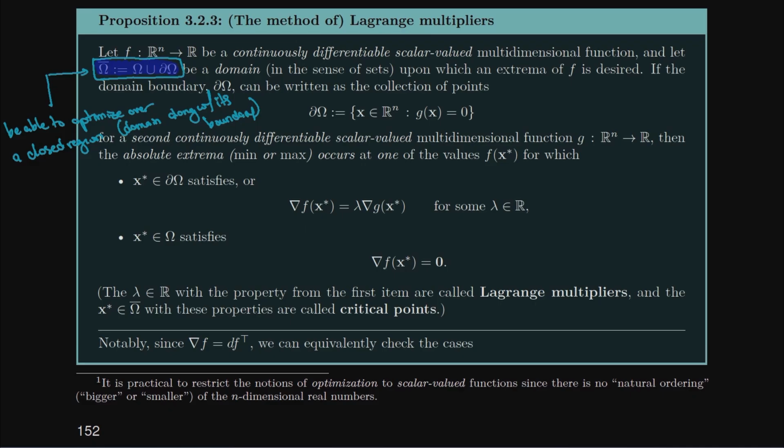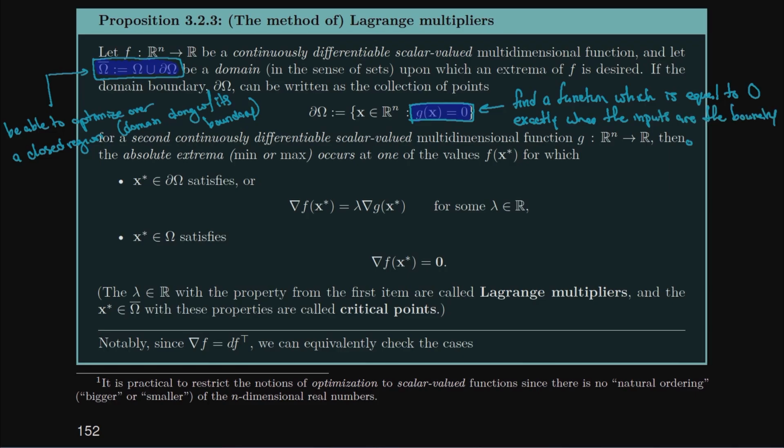Now we just figured out that the boundary is the part that gets in the way. Critical points still work, where you look for where the derivative is equal to 0. The boundary is the object we're analyzing in higher dimensions. And how do we analyze a boundary in higher dimensions? Well, we analyze a function which is equal to 0 exactly when the inputs are the boundary of the domain.